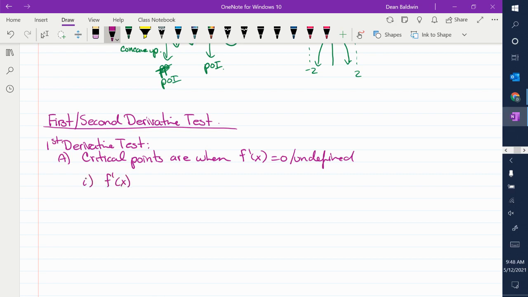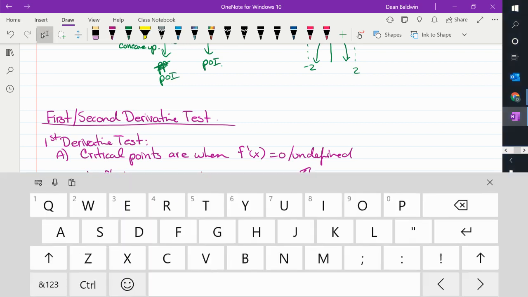If f prime of x is positive then the graph is increasing, going up. If, not f double prime, if f prime of x is negative, the graph is decreasing, it's going down.